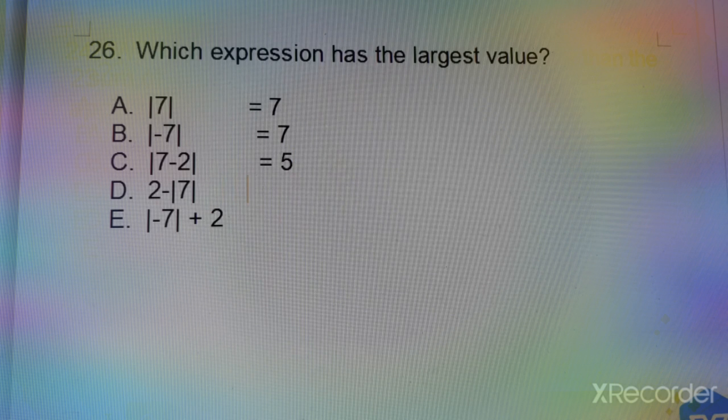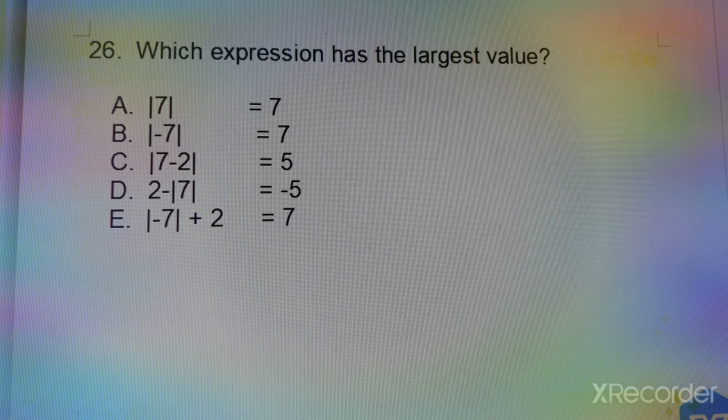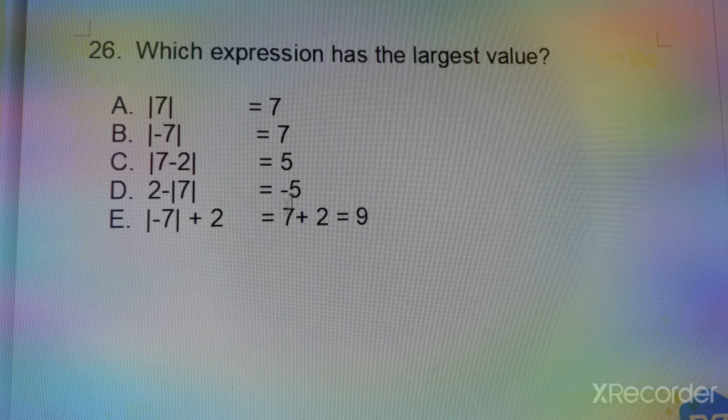Then letter D, the absolute value of 2 minus the absolute value of 7, which is 7, is 2 minus 7, which is minus 5. Then letter E, the absolute value of minus 7 is 7, and then plus 2 equals 9. So the largest value is 9. Letter E.